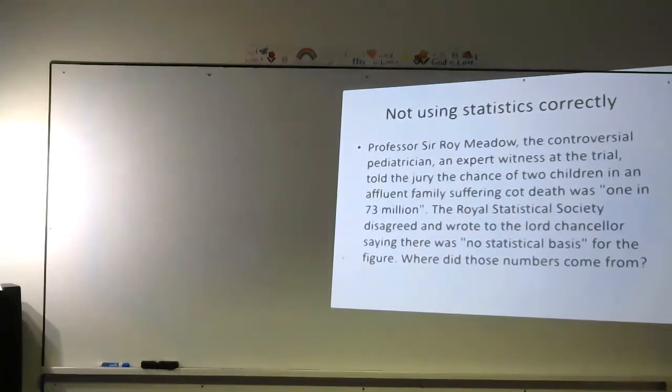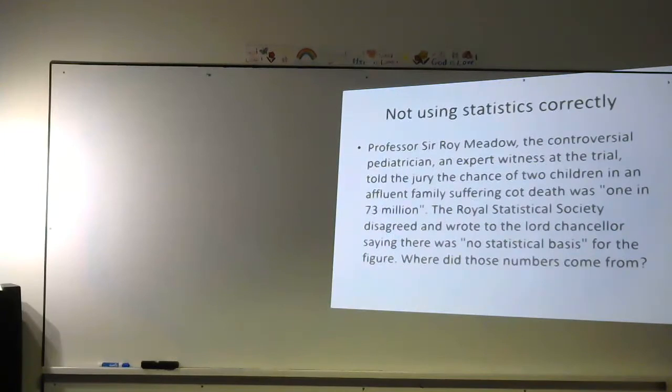Okay, as he mentioned, they simply multiplied the probability of having a SIDS death times itself for 2 kids, and they are not independent events. It's like saying the probability of getting hit by lightning is 1 out of 8,000. What's the probability of getting hit twice? You can't say it's 1 out of 8,000 times 1 out of 8,000. Maybe you're someone who likes to play golf in the middle of a thunderstorm and is holding a club above your head.